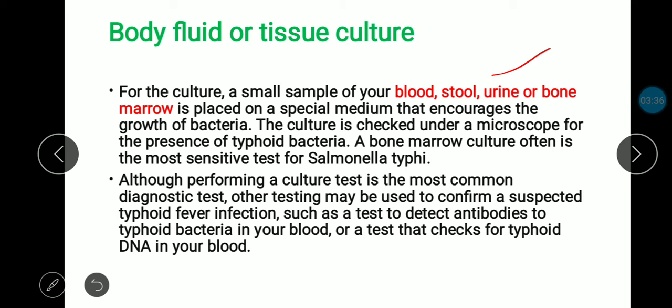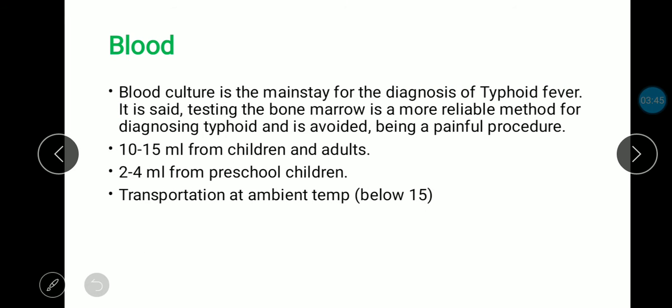In this way, the samples are utilized for detecting the presence of bacteria. The first is blood. Blood culture is the mainstay for a diagnosis of typhoid fever.